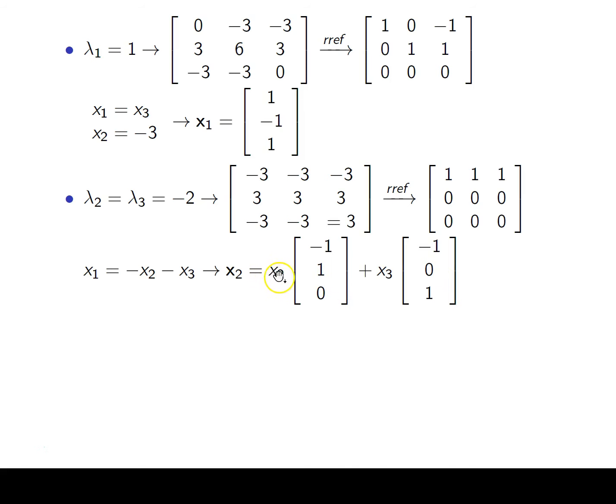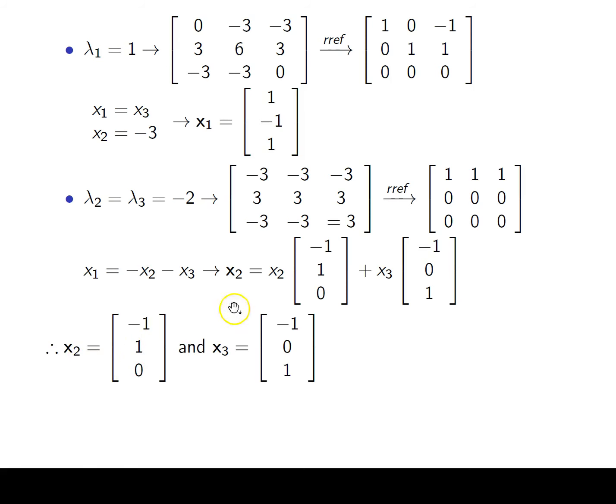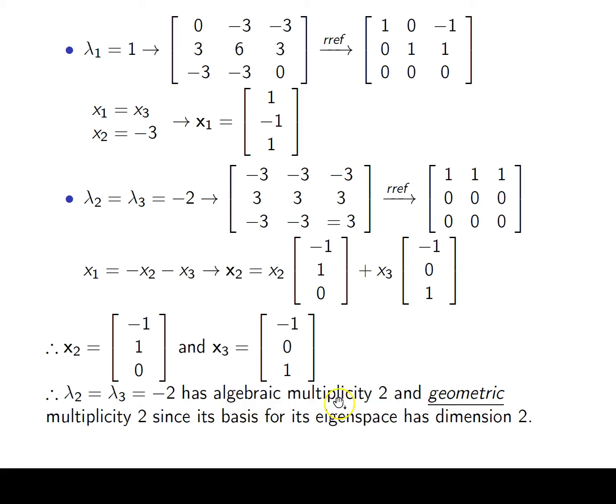These are not the vectors, these are the components, right? But it gives me vector x2 and vector x3, and we say that this eigenvalue has geometric multiplicity of 2, right? So I get two eigenvectors, and since it gives me two eigenvectors, the geometric multiplicity is 2.